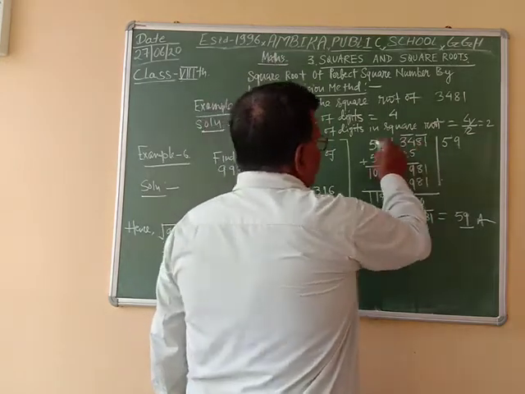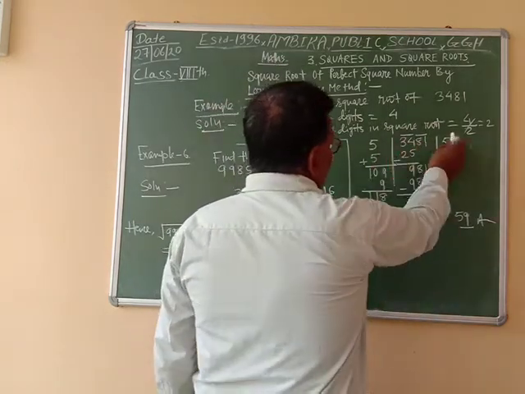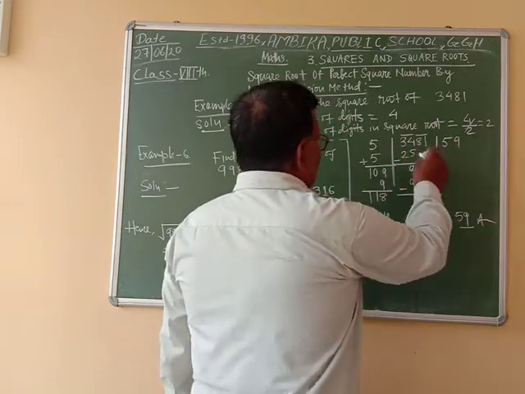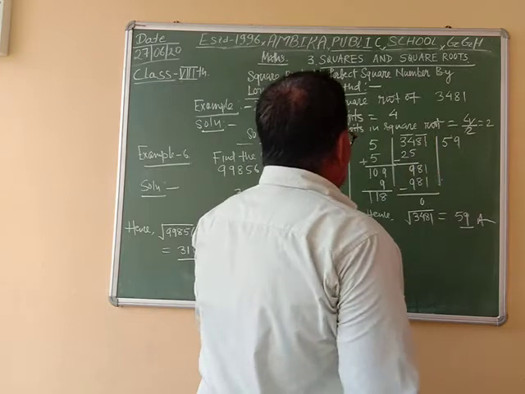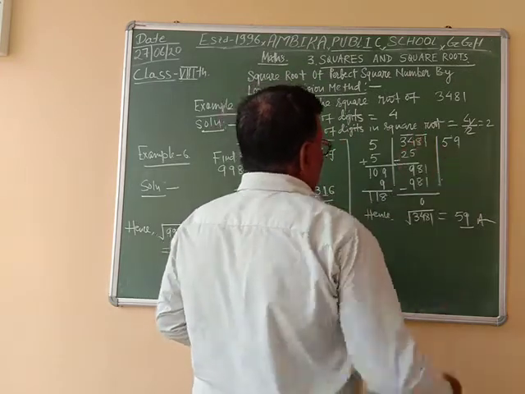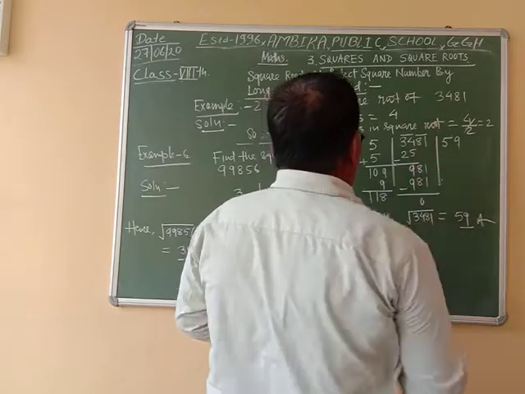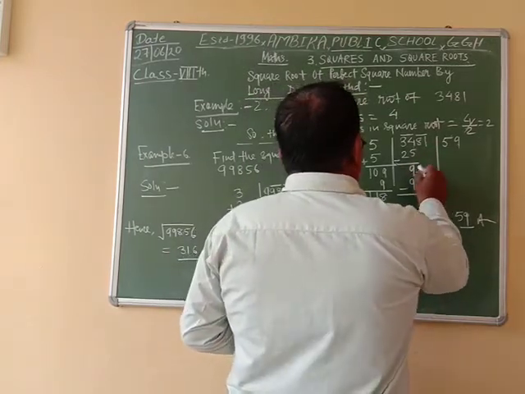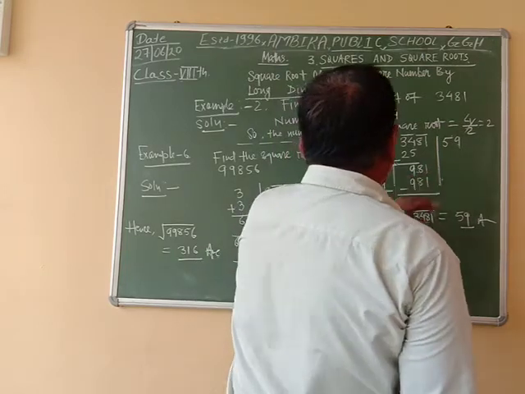And in this way, multiplying divisor into quotient, we have 25 as a product. So we write 25 below 34 and subtract, 9 as remainder. Now we write 81. Hence the new dividend is 981.